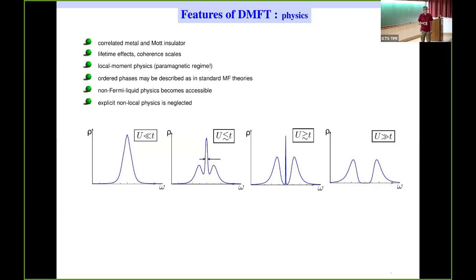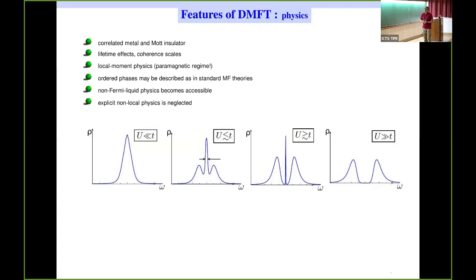You can describe paramagnets. As you know, in DFT, you can usually not describe paramagnets. You can describe non-magnetic systems or ordered systems. But here you can really describe the fluctuating moment, and you can also compute Néel and Curie temperatures. You can also describe ordered phases, like in standard mean field theories, by introducing a sublattice, for instance.